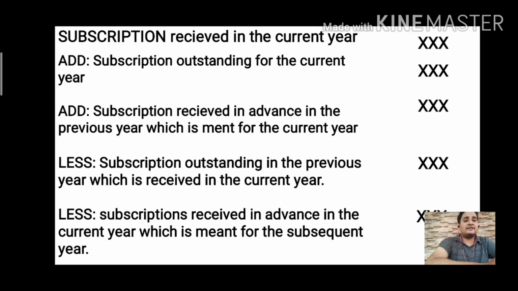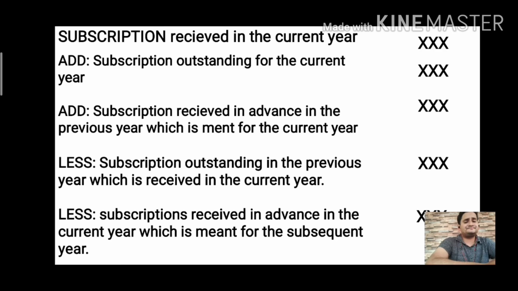And subscription received in advance in the current year for the subsequent year: if the 2020 subscription is received in 2019, meaning next year's subscription is received in 2019, then that amount is also deducted from the subscription received in the current year.